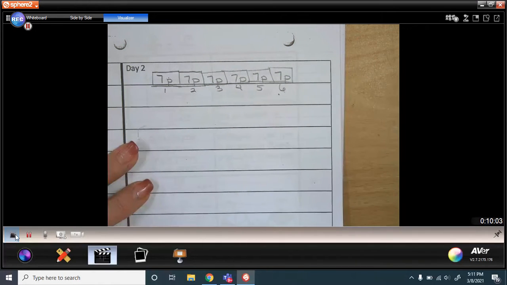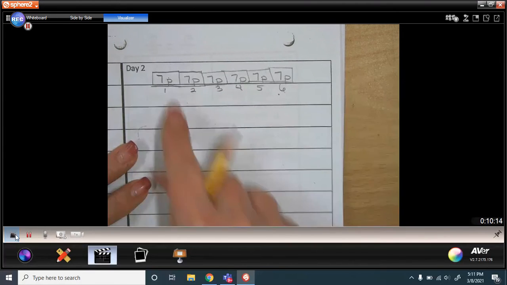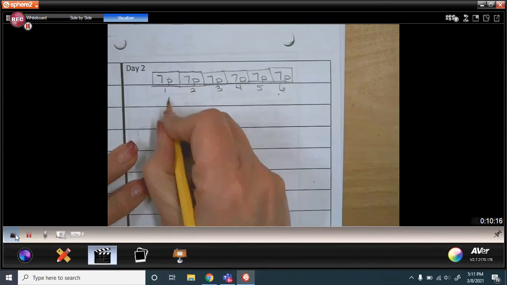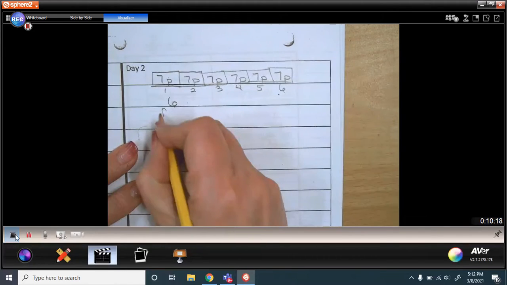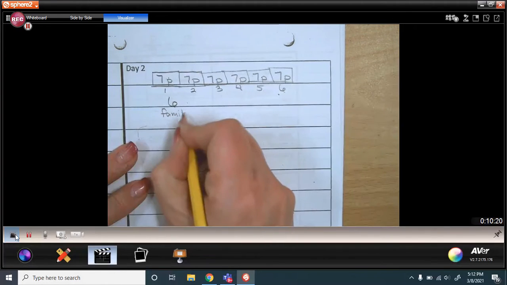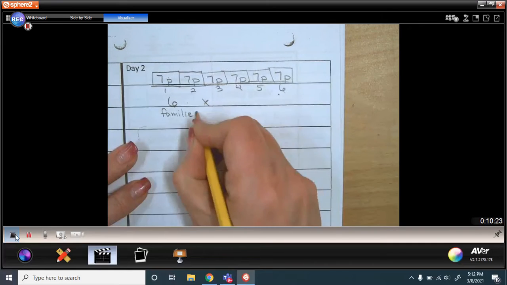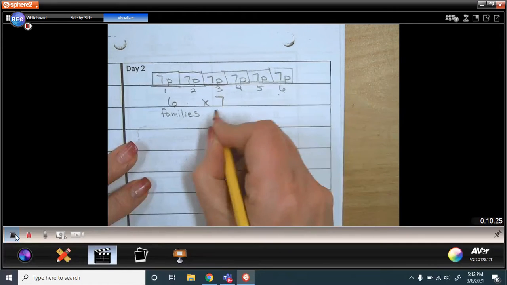So if you're looking for a total number, we're using what operation? Right, we're using multiplication because I have 6 groups. That's my first factor because those are my families. I have 7 people in each family.